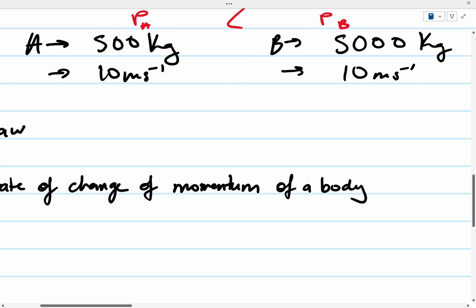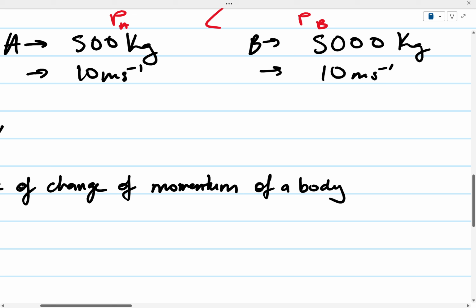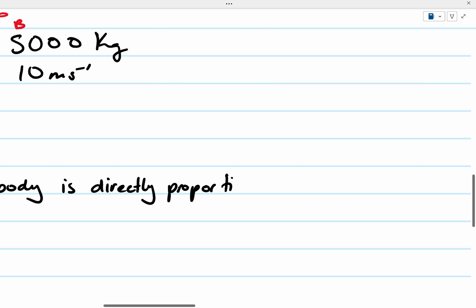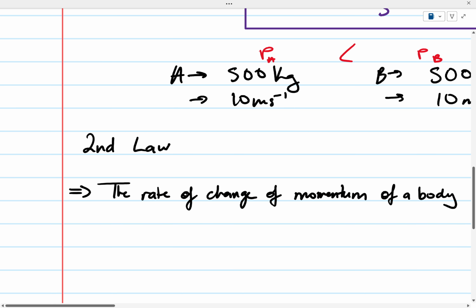So looking at the rate of change of momentum of a body, it is directly proportional to the applied force and occurs in the direction of the force.